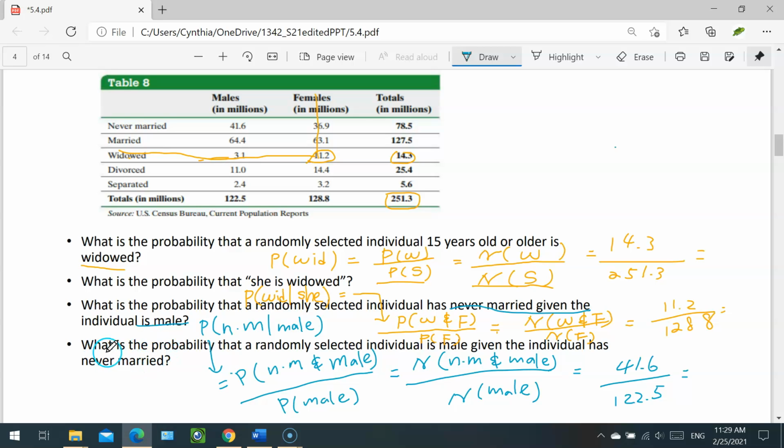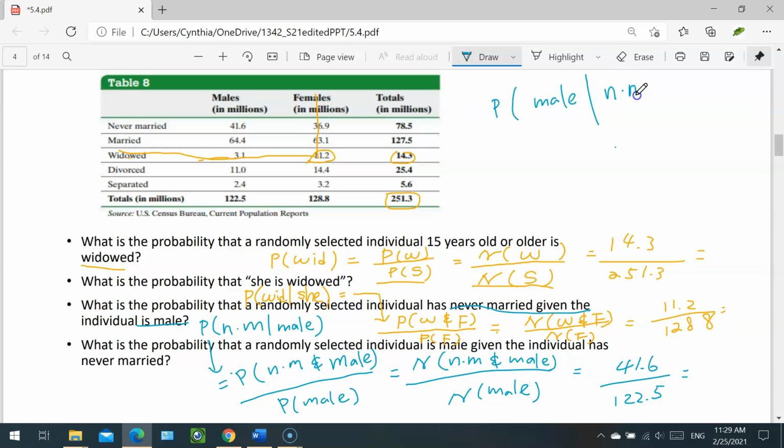The last one: what is the probability that a randomly selected individual is male, given the individual has never married? Let me write it down here. So finding the probability of male, given, put a bar, the individual has never married.